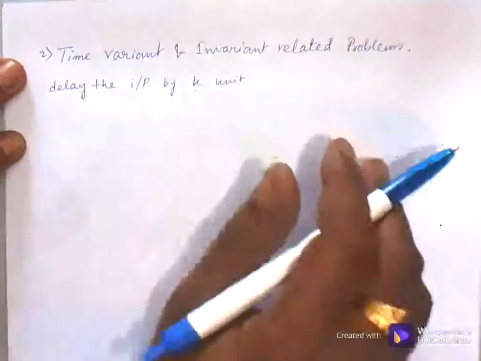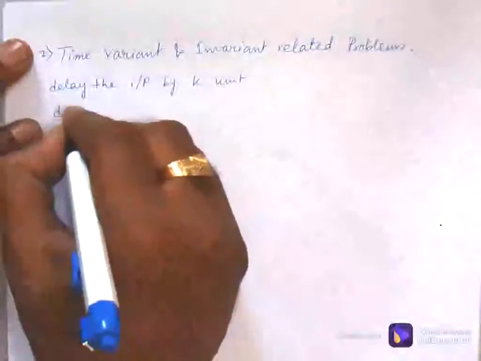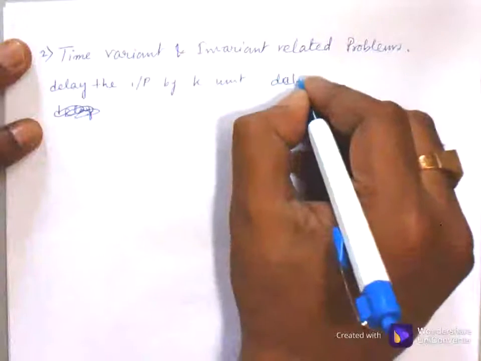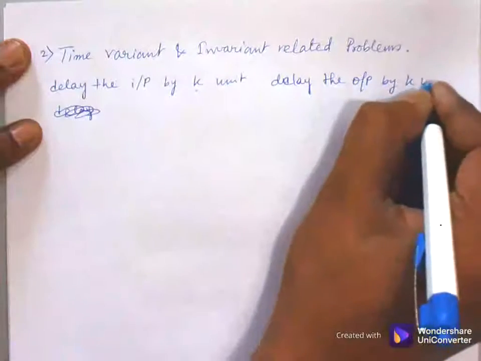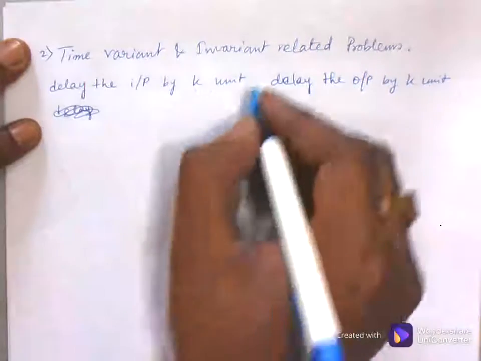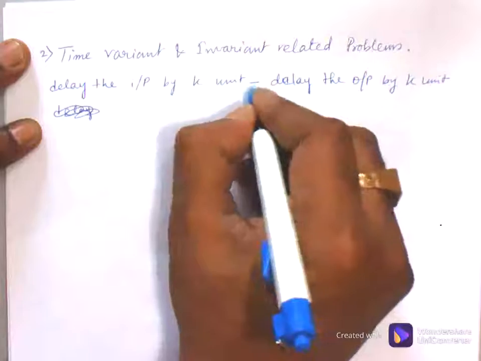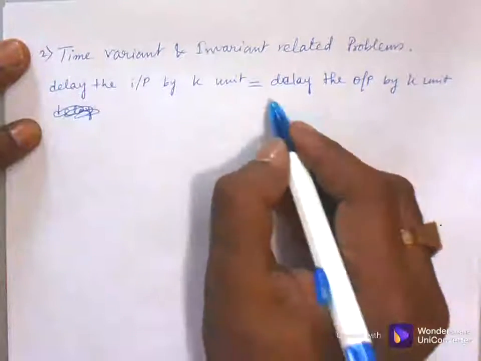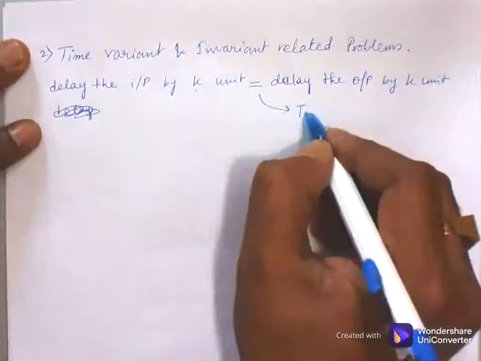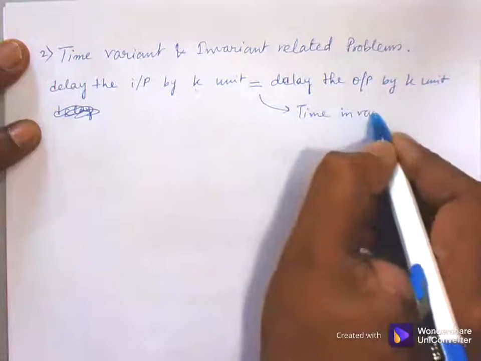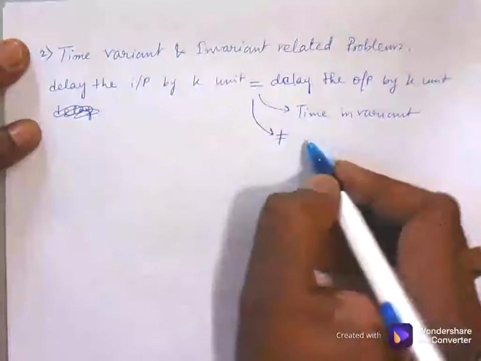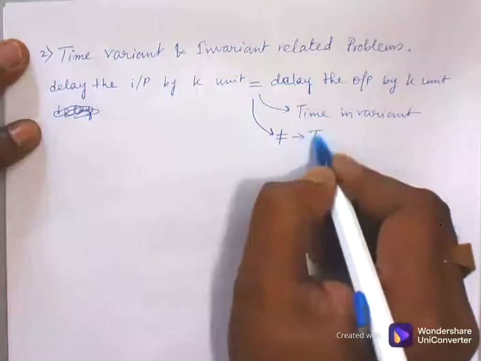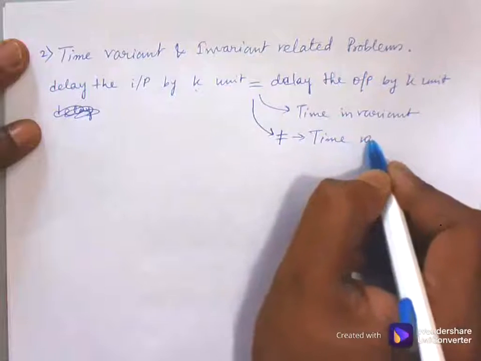So delay the input by k unit and delay the output by k unit. Okay, if both are equal, then I can say time invariant, and if not equal, then I can say time variant.